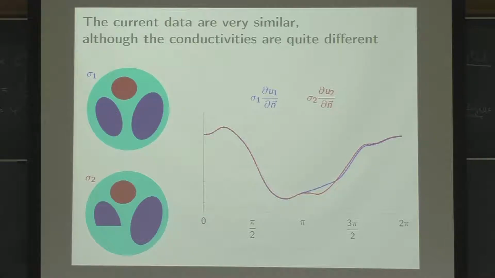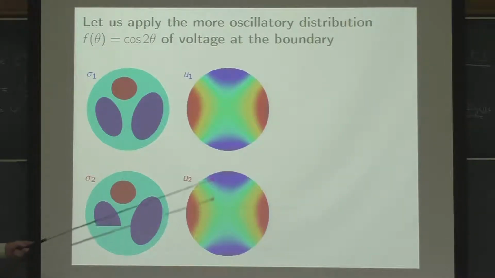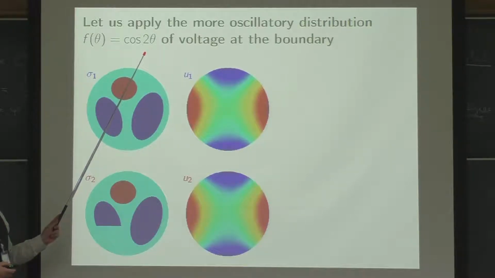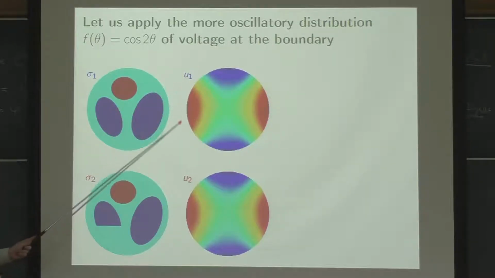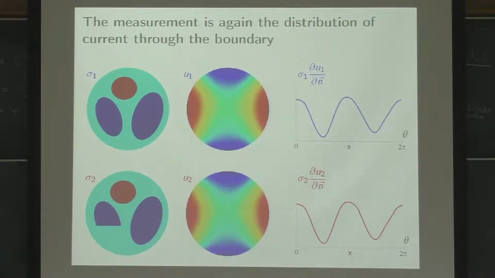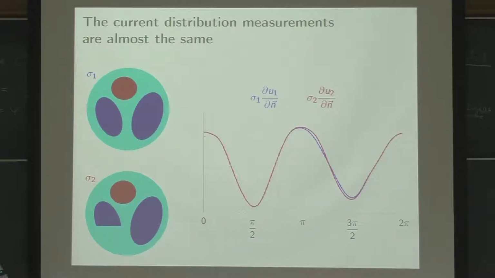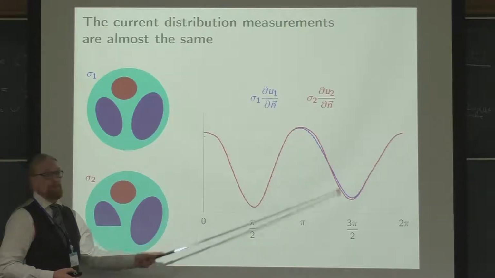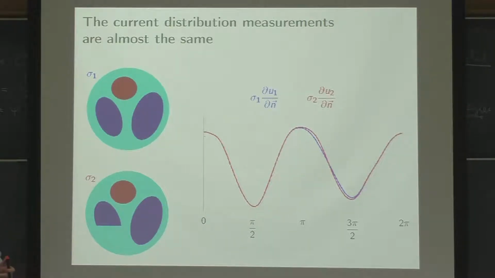So then, maybe we are unlucky. Let's try another f, because we collect a lot of data. So now I'm putting cosine of 2 theta, a bit more oscillatory distribution around there. Again, we measure the normal derivatives. Let me overlap them. Well, there is some difference, but not so much.